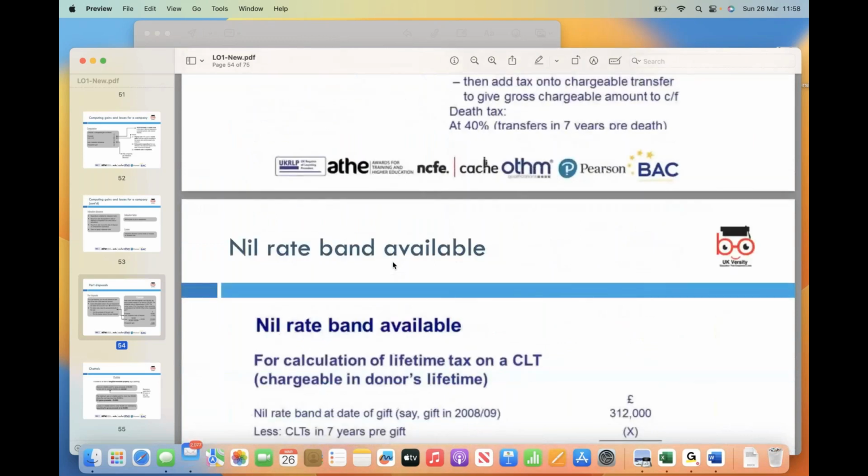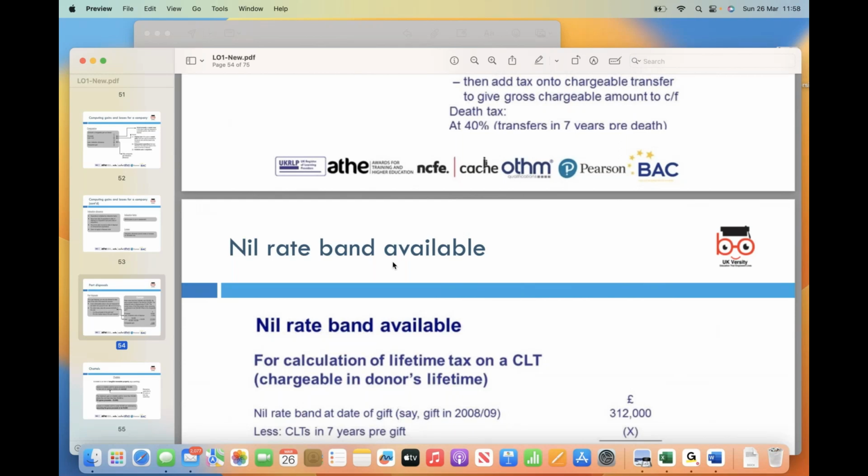Married couples and civil partners can benefit from a transfer of the deceased spouse's allowance. This means that the unused proportion of the NRB on the first death can be transferred to the surviving spouse or civil partner and applied to their NRB for inheritance tax at the date of their own death.